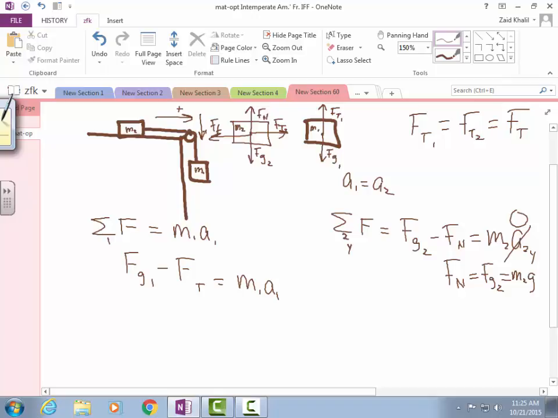Since we have Fn, I might as well then go and calculate the two forms of friction that we can calculate with it. What two forms can we calculate with it? Which static? Max static. So we can express Ff,s max. What is that equal to? Mu s Fn, which is mu s m2g.